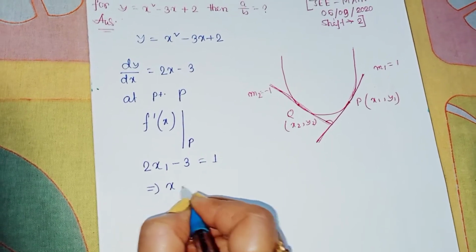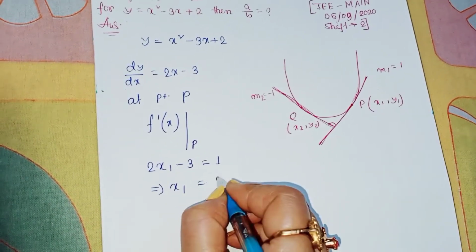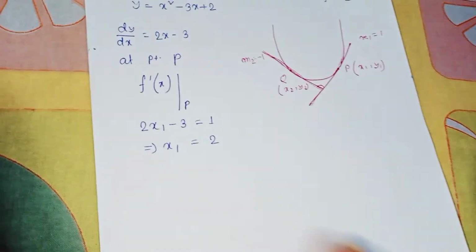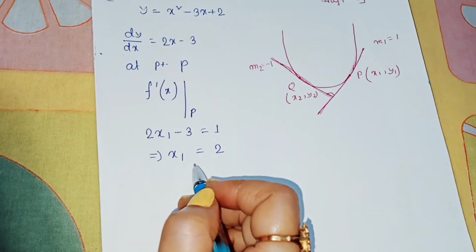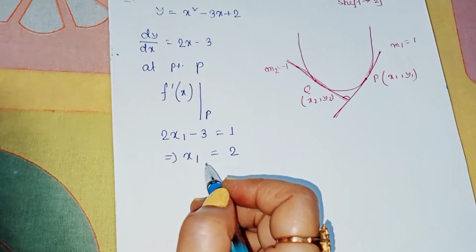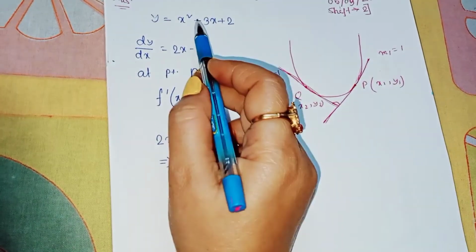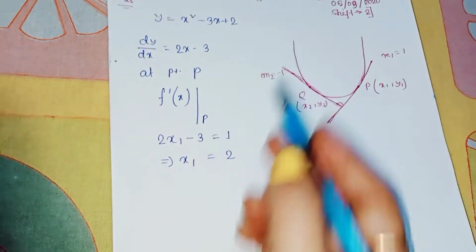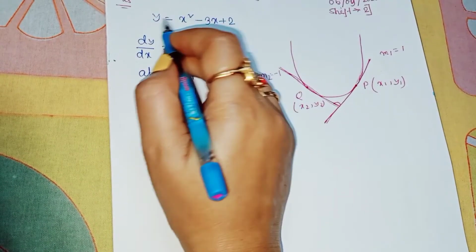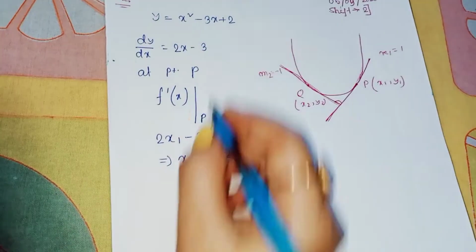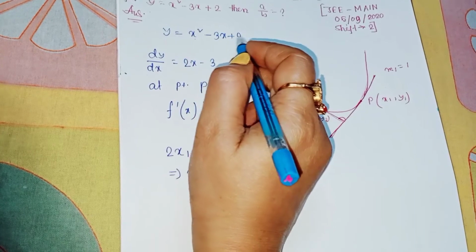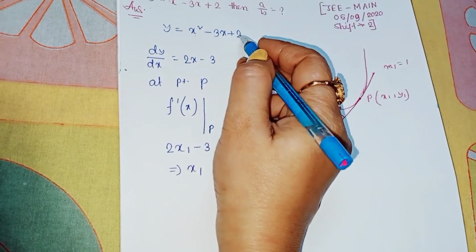So here we get x1 is equal to 2. So if x1 is equal to 2, then this point must satisfy this equation. So y1 is equal to x1 square minus 3x1 plus 2.